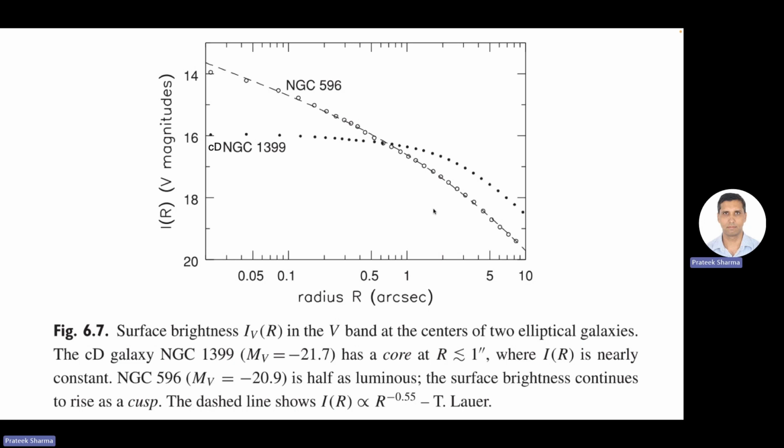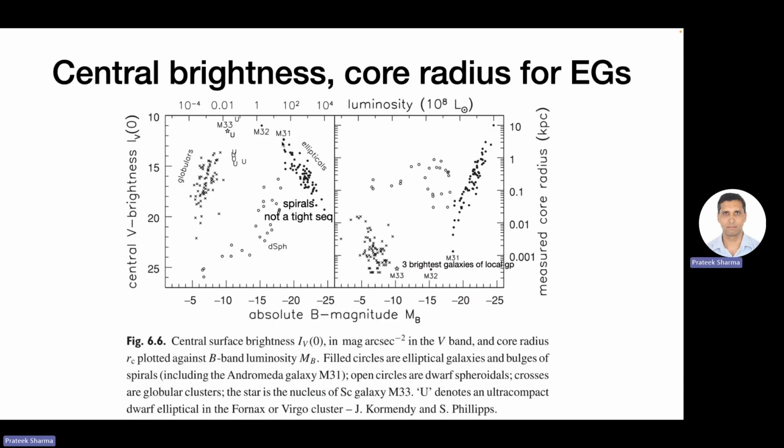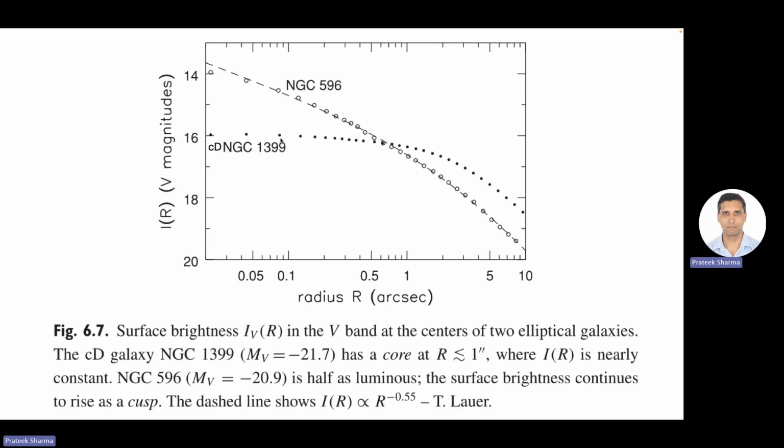In fact, this is what this plot is showing, right? These galaxies are bright at the center, but their luminosities are less. Right, so this is a demonstration in terms of the profiles, and it's because of this extended part.